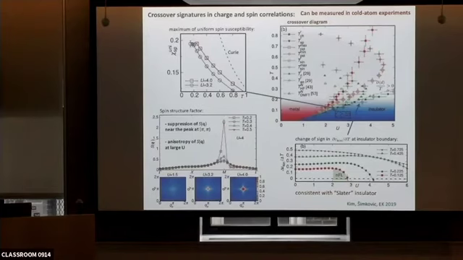The temperature derivative of the kinetic energy becomes negative, but by looking at the plot, we can identify which regime corresponds to a non-Fermi liquid.